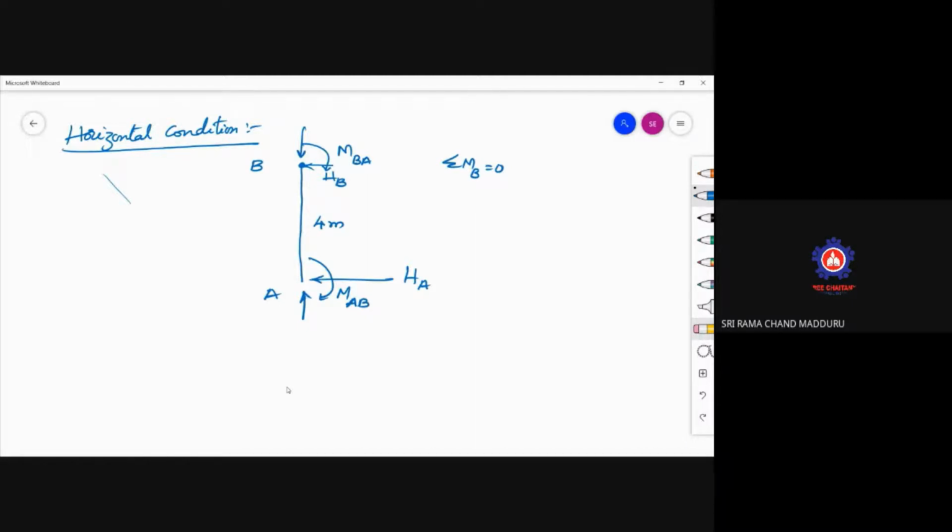HA into 4 plus MAB plus MBA is equal to 0. So HA is equal to minus of (MAB plus MBA) by 4.